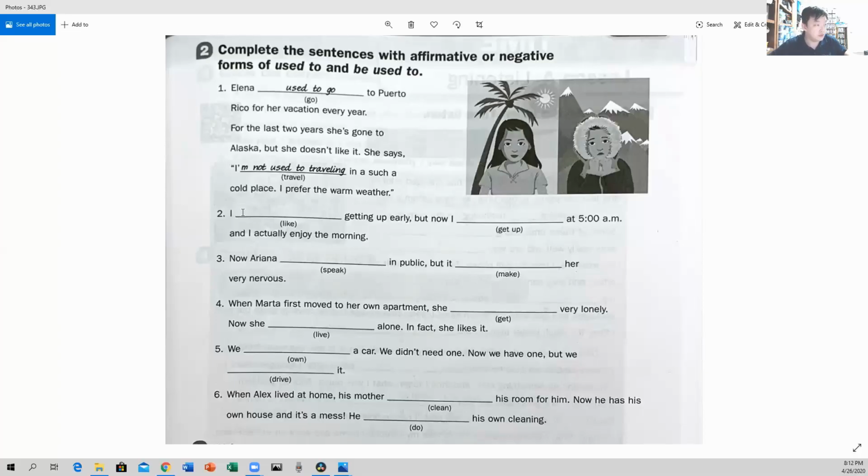So number 2, I like getting up early, but now I get up at 5 a.m. and actually enjoy the morning. Okay, so you use used to for things that you did in the past, but you don't do anymore.